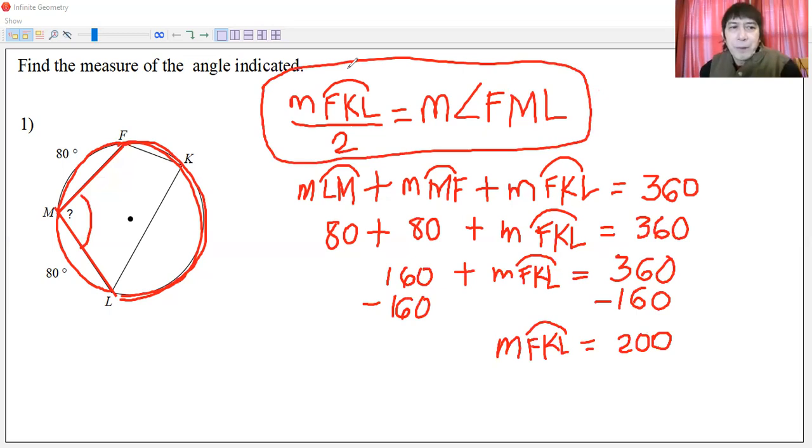Now going back here, we're asked to get the measure of the inscribed angle FML, which is one half of arc FKL.